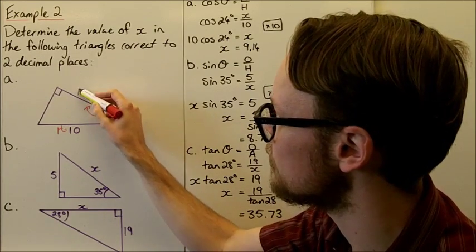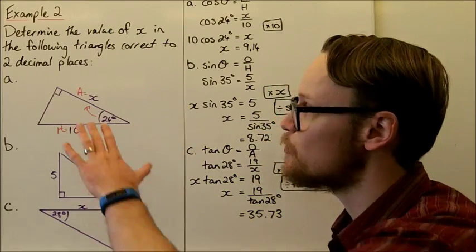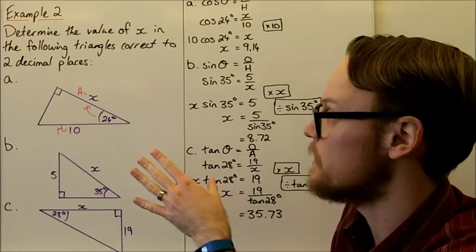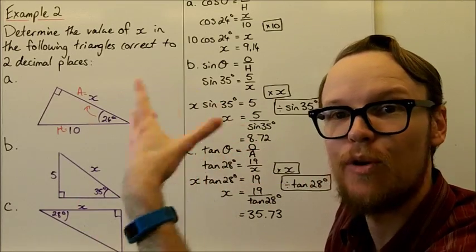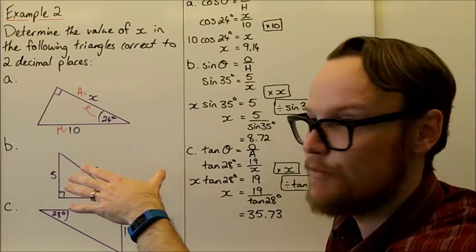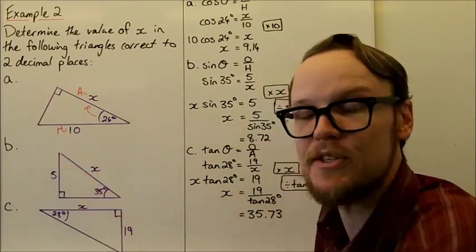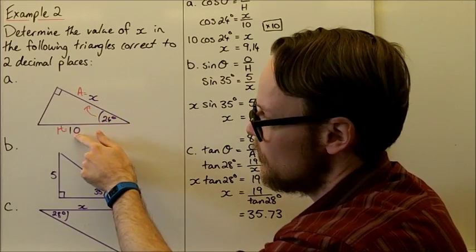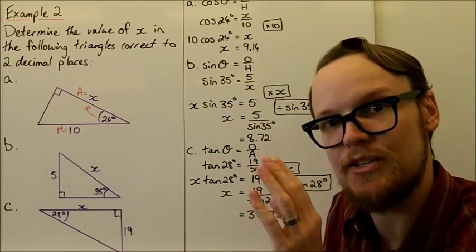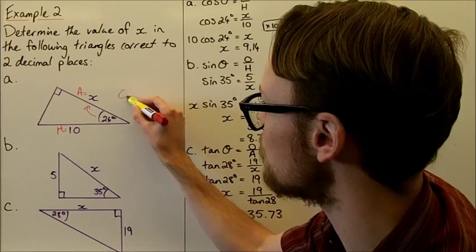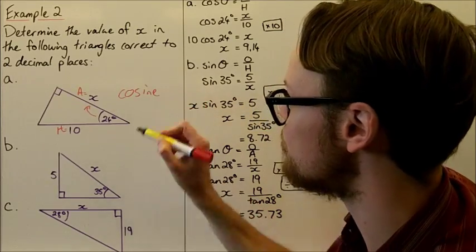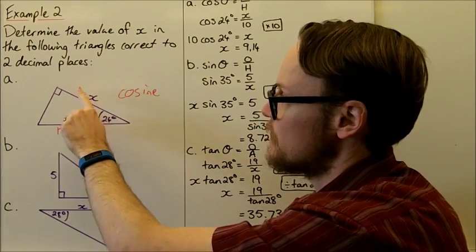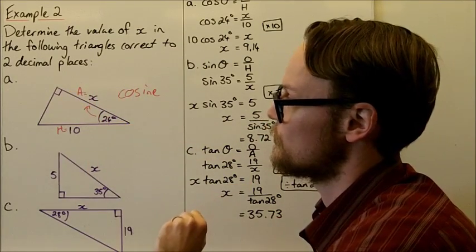Whenever we're solving a problem, we need to analyse what ratio is being represented in front of us. We don't have the opposite side, so we cannot use it. We've got the adjacent side and the hypotenuse, so we need to use the cosine ratio, because the cosine of the angle is equal to the adjacent divided by the hypotenuse.